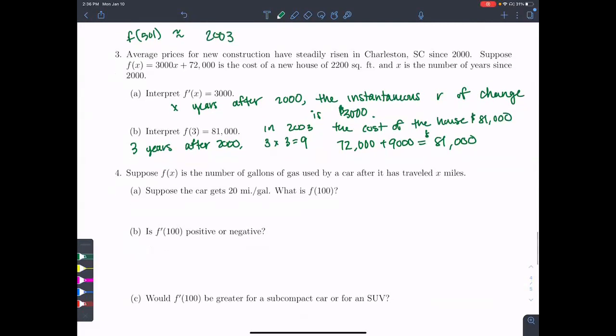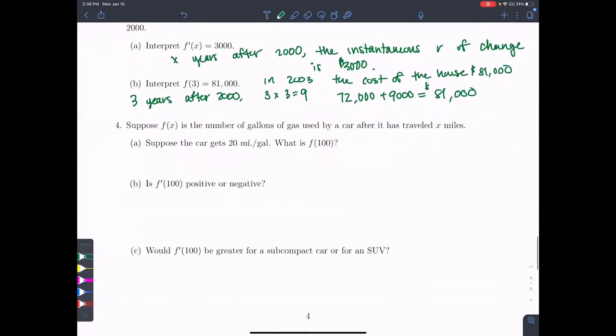Okay, so this last example, we have miles. F of x is the number of gallons of gas used by a car after it has traveled x miles. So suppose the car gets 20 miles per gallon. What is f of 100? F of 100 is the number of gallons of gas used by a car after it has traveled 100 miles.